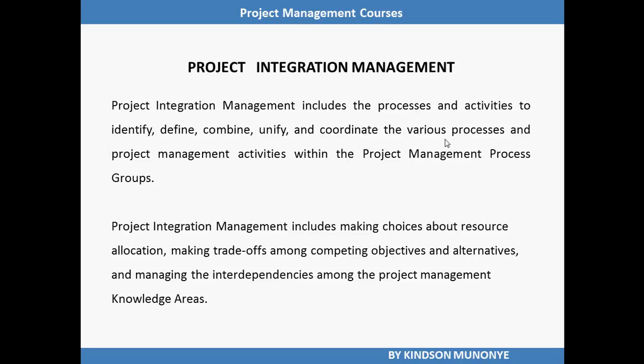So what it means is that the integration management knowledge area coordinates all the 5 process groups. Take note that there are 5 process groups. The first one is initiation, the second planning, execution, monitoring and controlling, and then closing.